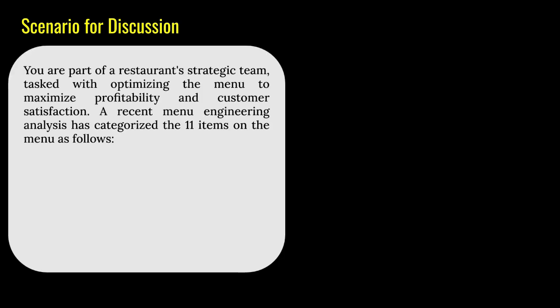Now, after understanding this, to check your understanding level, I am giving you one small activity. That is your homework basically. You are part of our restaurant strategic team tasked with optimizing the menu to maximize profitability and customer satisfaction. Our recent menu engineering analysis has categorized the 11 items on the menu as follows.